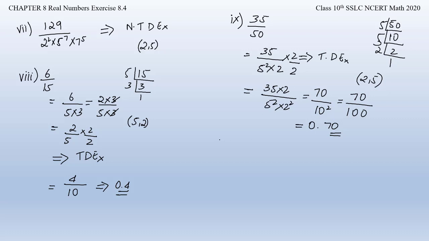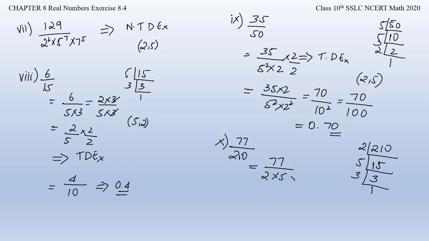Now the last problem, which is given as 77 divided by 210. So let us factorize 210 first. 2 1s are 2, 2 5s are 10, then we have 5 3s are 15 and 3 1s are 3. So what are the factors of 210? 77 divided by 2 into 5 into 3. Again here we can notice that the denominator has the number 3, which cannot be excluded.